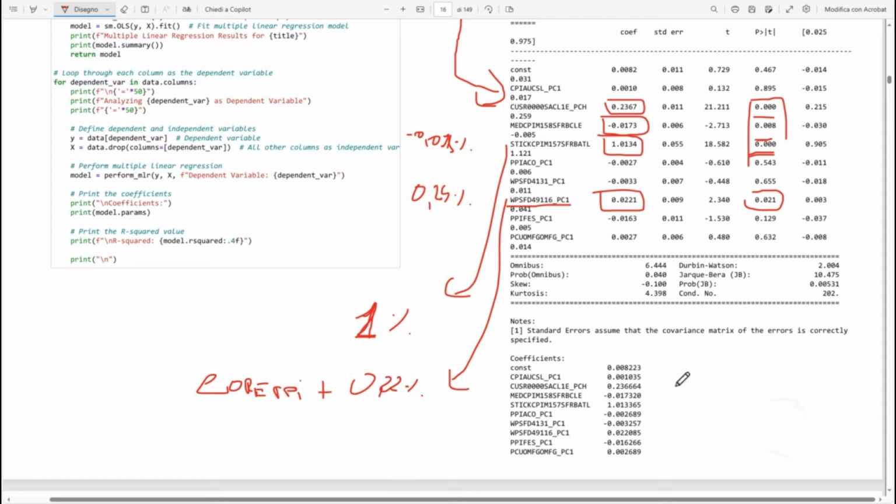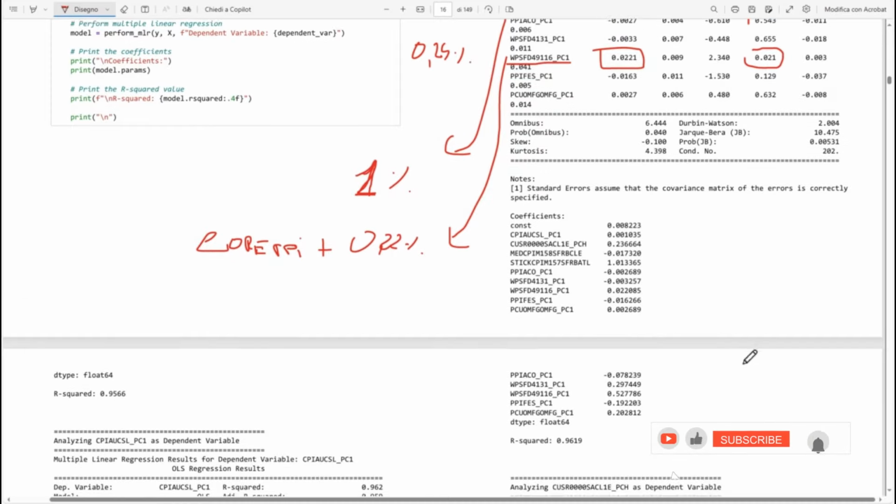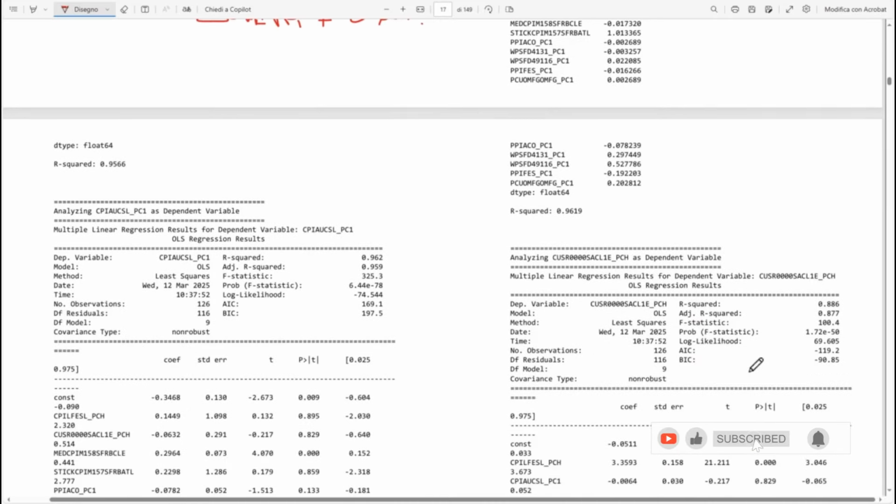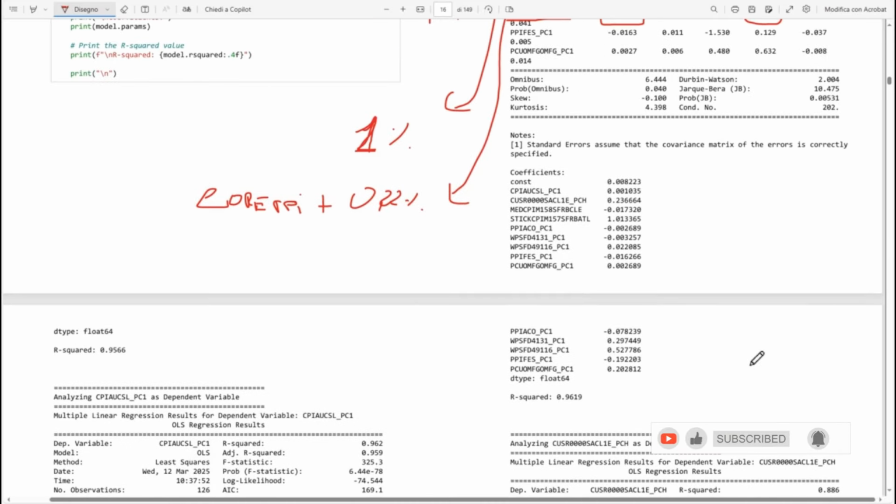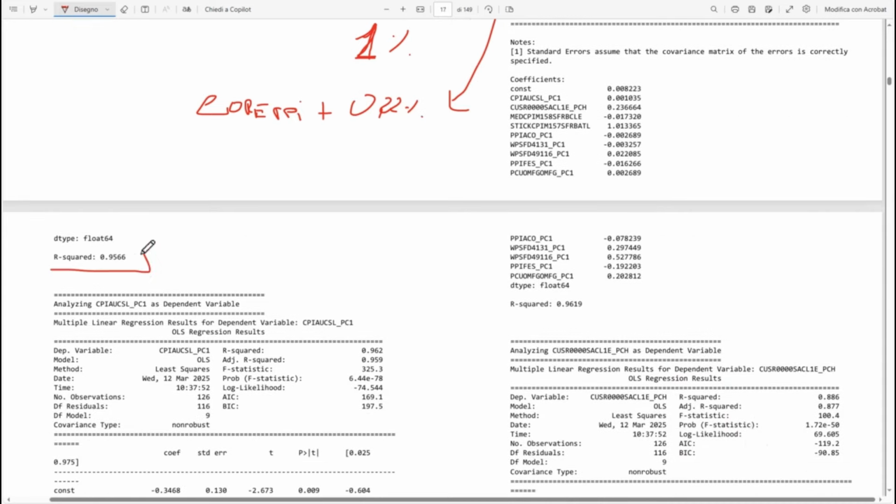Okay, so these are very useful to find out the correlation between variables, and we have the R-squared parameter. 0.95 is a very high R-squared, very close to 1, so they are correlated by 0.95. I would say 95% correlated, or even 96% correlated.